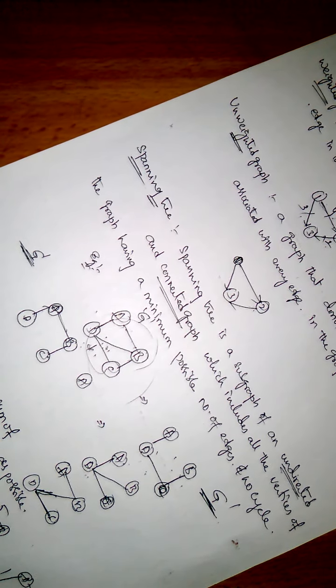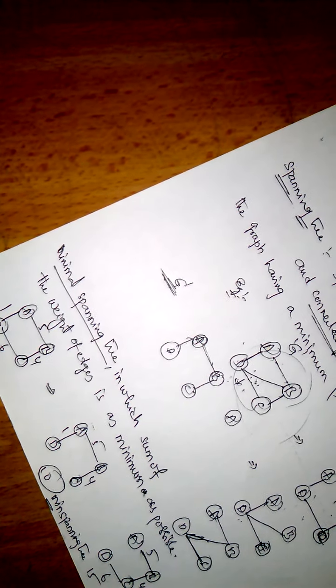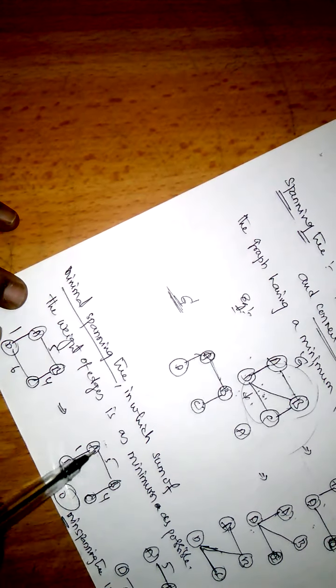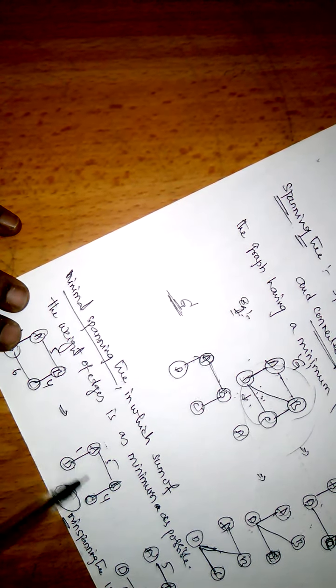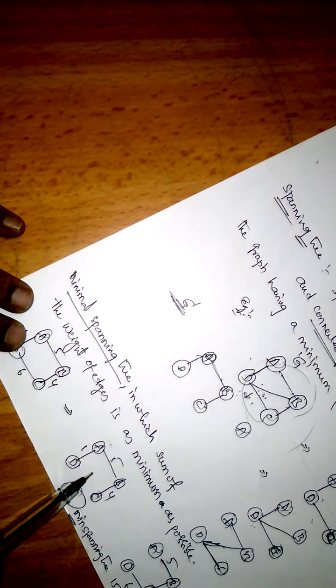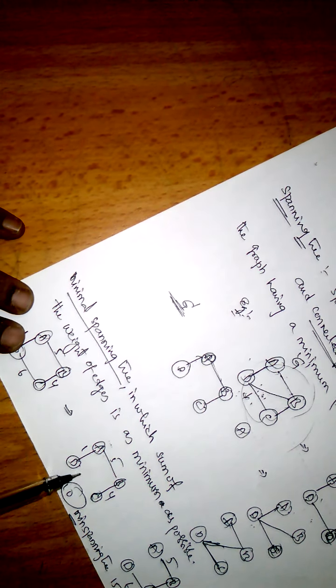If an undirected graph is a weighted graph, we will use the minimal spanning tree to find the shortest path from one vertex to another vertex. Find the shortest path from A to C. So what will we do? We will take all the vertices of graph G and find the minimal graph with low cost, that means least path.